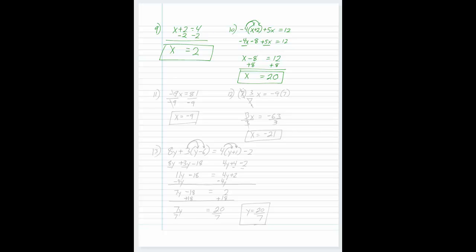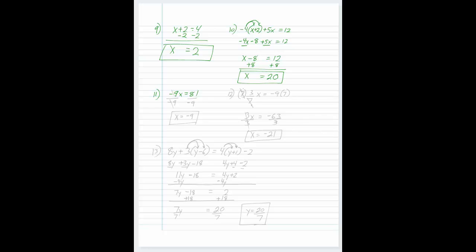Number 11. We have negative 9x equals 81. For those of you that don't know, whenever you have a number right next to a letter, in this case 9x, that means multiply. But to get x alone, we always do the opposite.